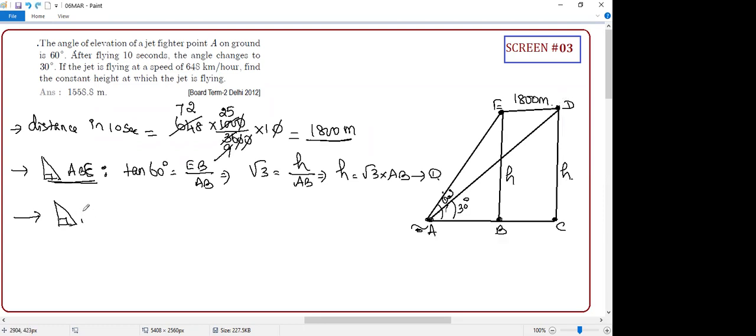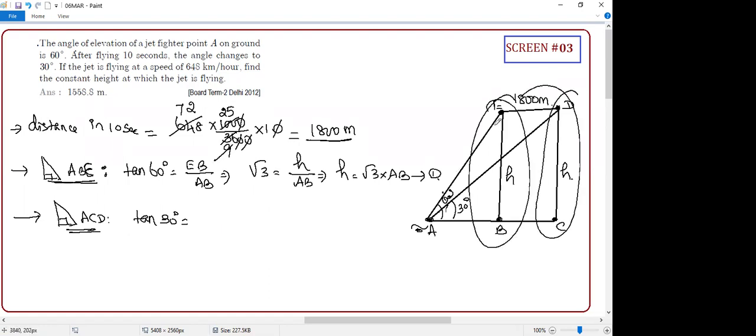ACD. Harishankar, can you tell me which degree I have to take in triangle ACD? Tan 30. Excellent. Tan 30 degree. Opposite side for 30 is what?